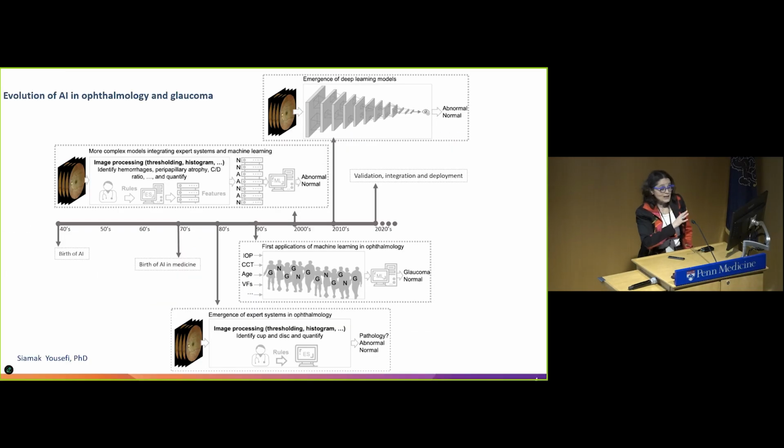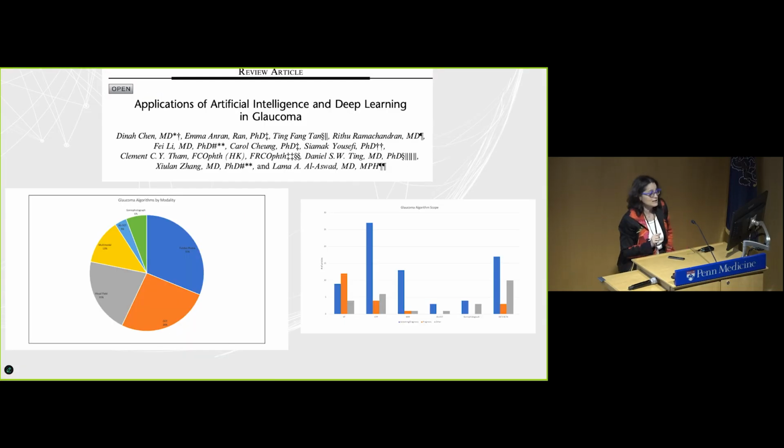But going back, it's been 45 years that we have been working on AI in glaucoma, and there is no AI for glaucoma that is cleared. AI gets cleared, not approved, partly because of this. Dinah Chin, my innovation fellow a few years ago, looked at, and this was published last year, how many studies have been done for glaucoma and AI in general.